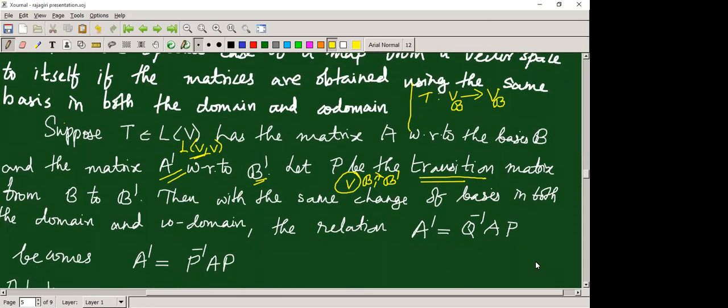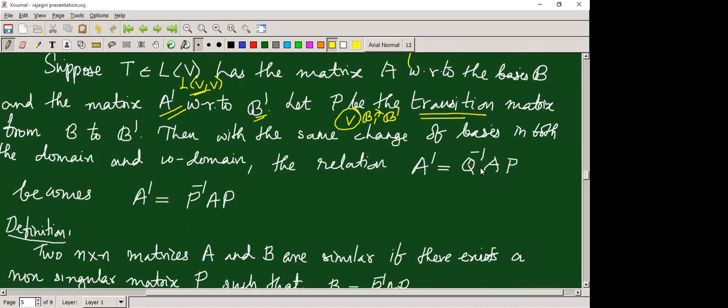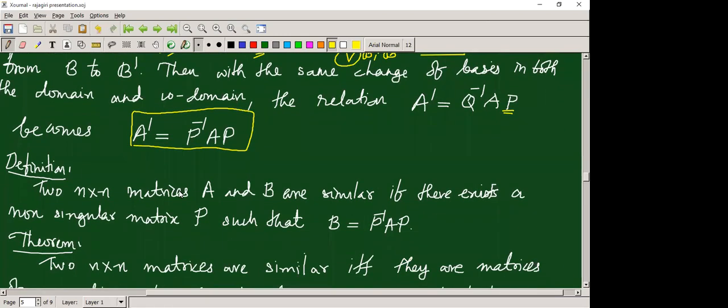In the previous discussion we have seen that A dash is equal to Q inverse AP, but here we are using the same transition matrix P. So A dash is equal to P inverse AP. This leads to the following definition: two n by n matrices A and B are similar if there exists a non-singular matrix P such that B is equal to P inverse AP.